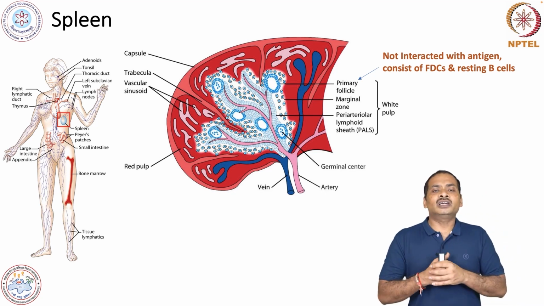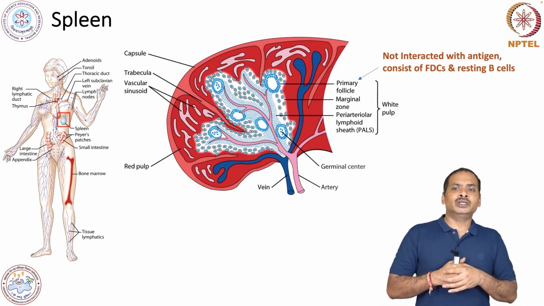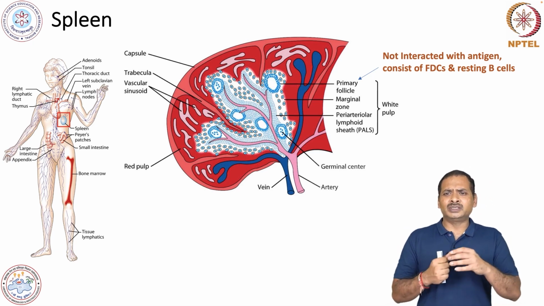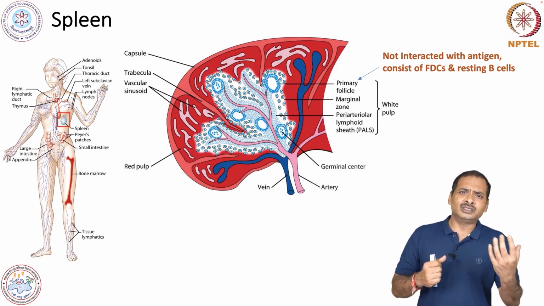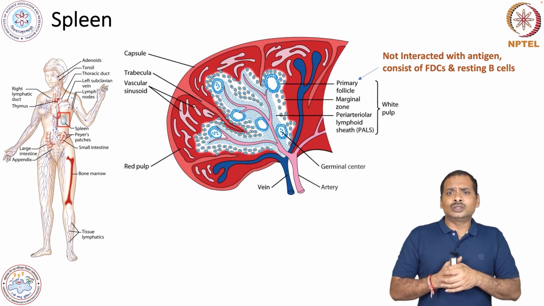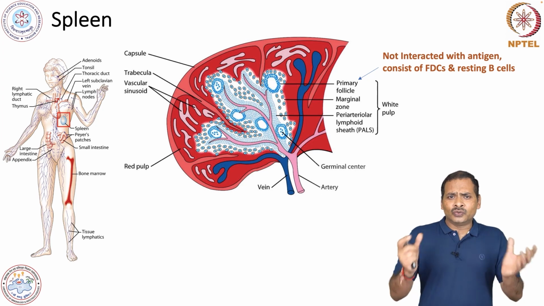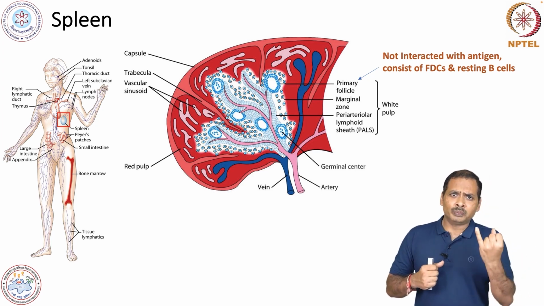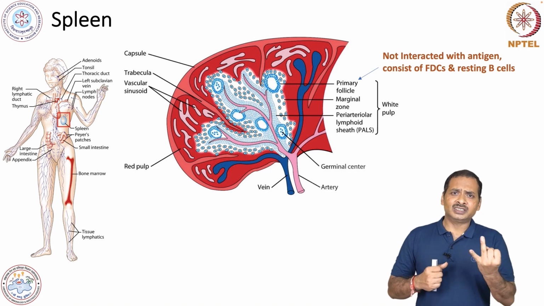The primary follicle is the region in which the antigen is present, which has not yet reacted with the immunocompetent lymphocytes.